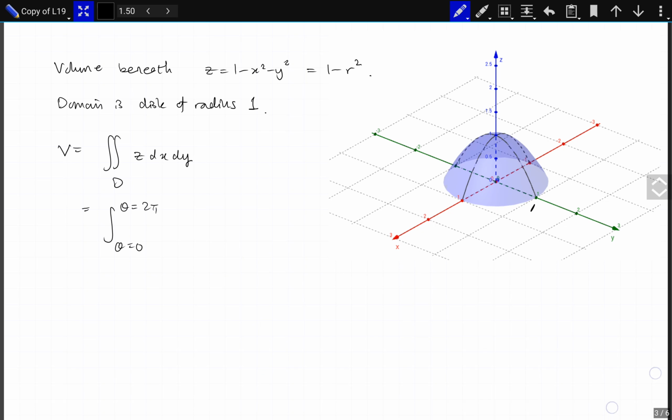Here the angle theta runs from 0 all the way to 2 pi, and the radius runs from 0 all the way out to 1.